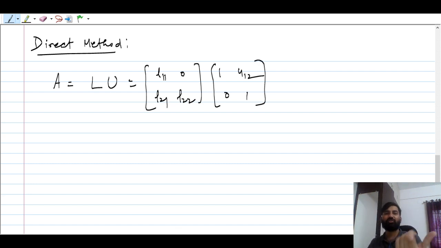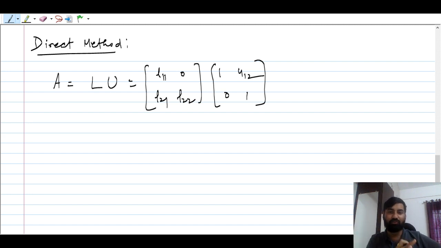The direct method is that you just multiply these two matrices, L and U, and then equate the result with matrix A, element by element. The two matrices are going to be equal, so you have to use the concept of equality of matrices. Equality of matrices means element-wise they should be the same.